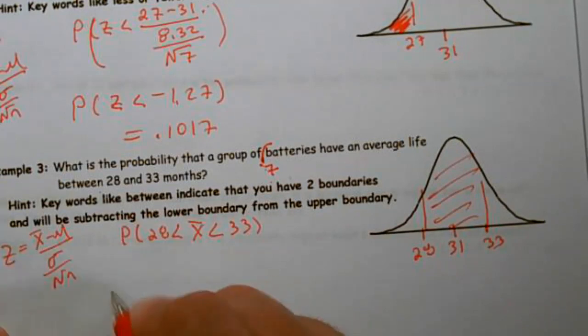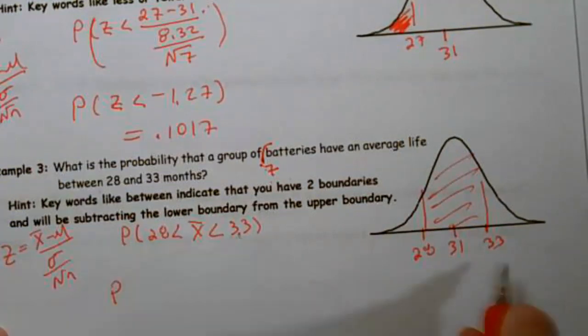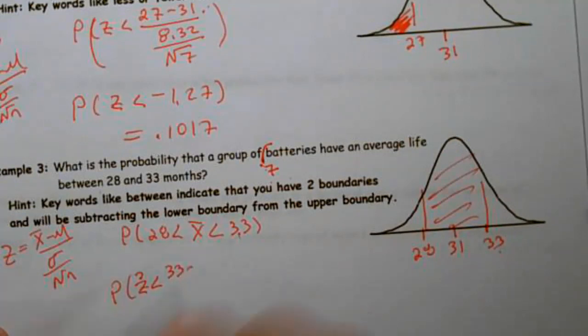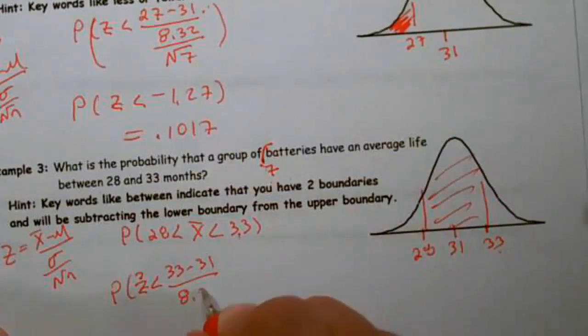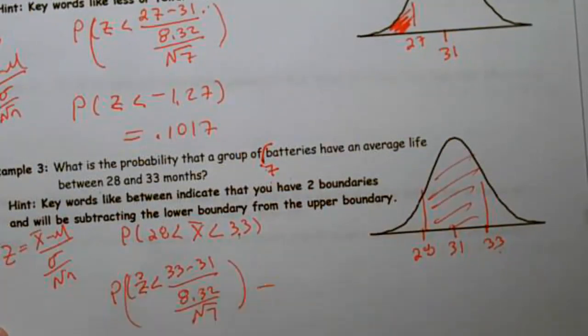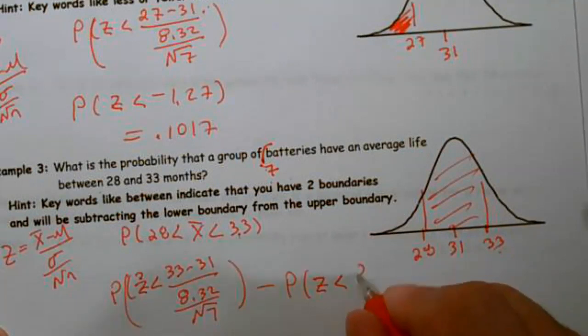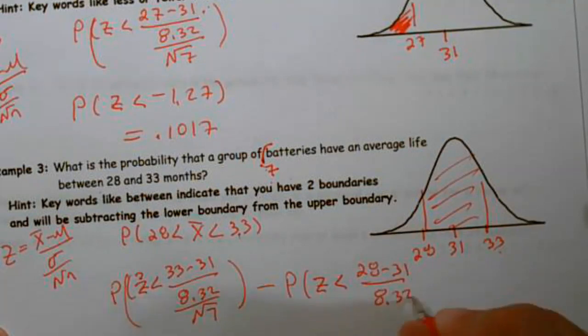So in this case, I always start with the larger value or the upper value, probability that z is less than 33 minus 31 over 8.32 divided by the square root of 7 minus the probability that z is less than 28 minus 31 over 8.32 divided by the square root of 7.